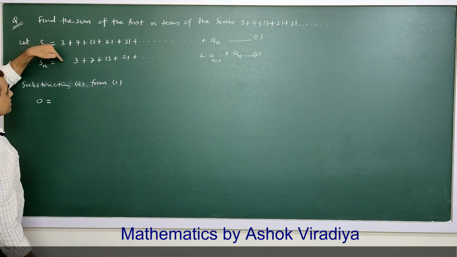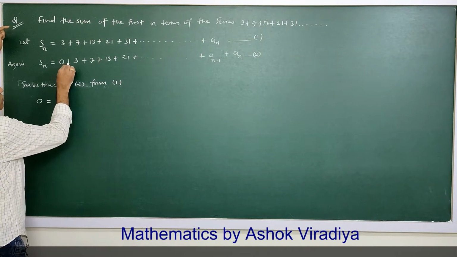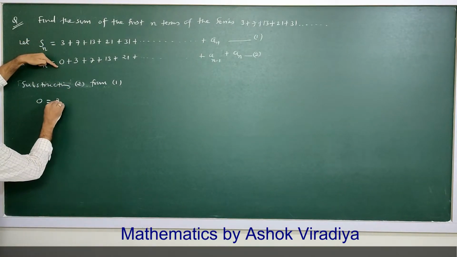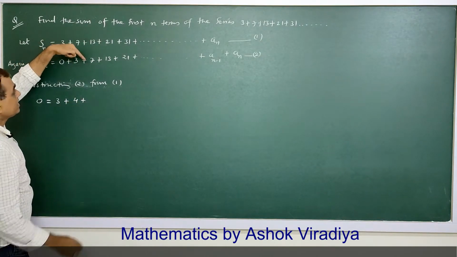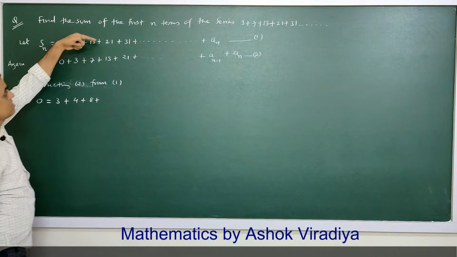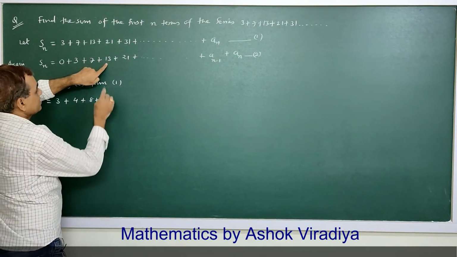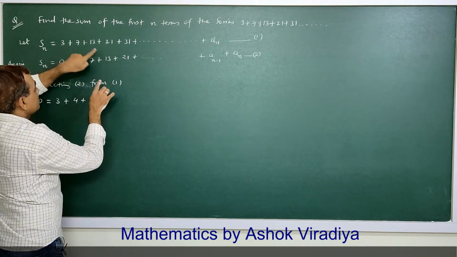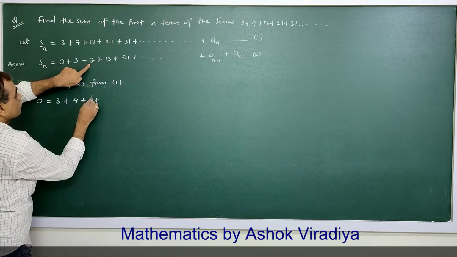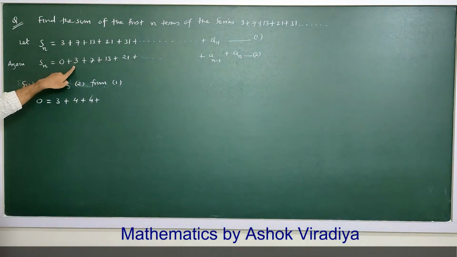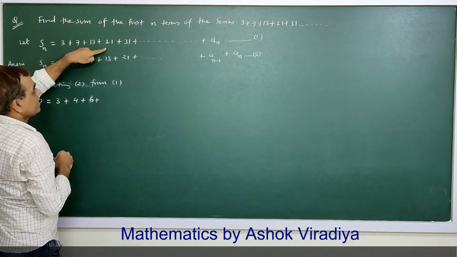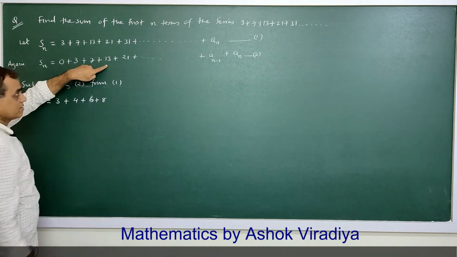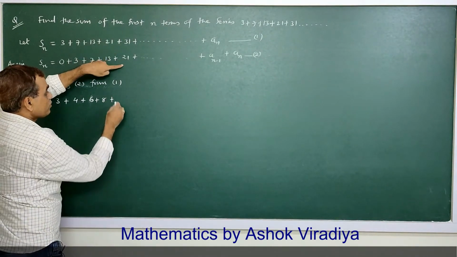Here consider first place 0. So 3 minus 0 is 3. 7 minus 3 is 4. 13 minus 7 is 6, sorry. 21 minus 13 is 8. 31 minus 21 is 10.